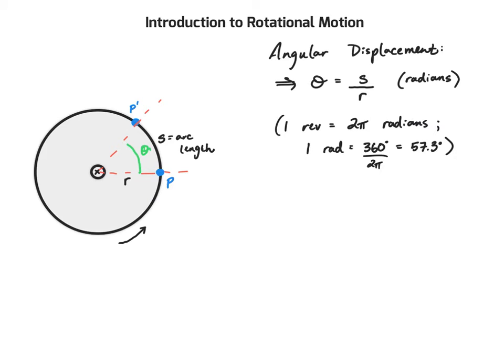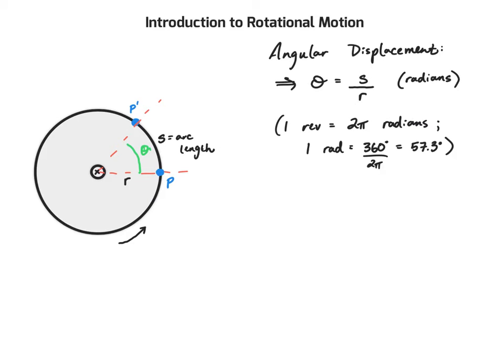Now we obviously had rotation here. So this thing started to move, so it had some angular velocity. Now, when we get into angular velocity and angular acceleration, they're very similar to when we were doing just linear, one-dimensional kinematics.